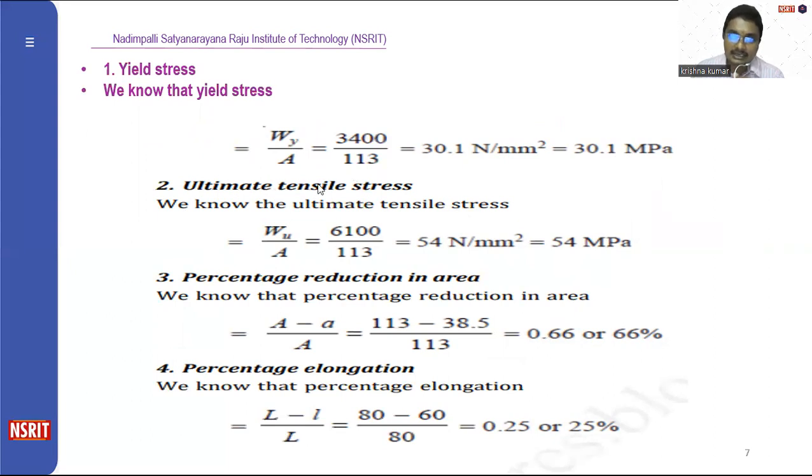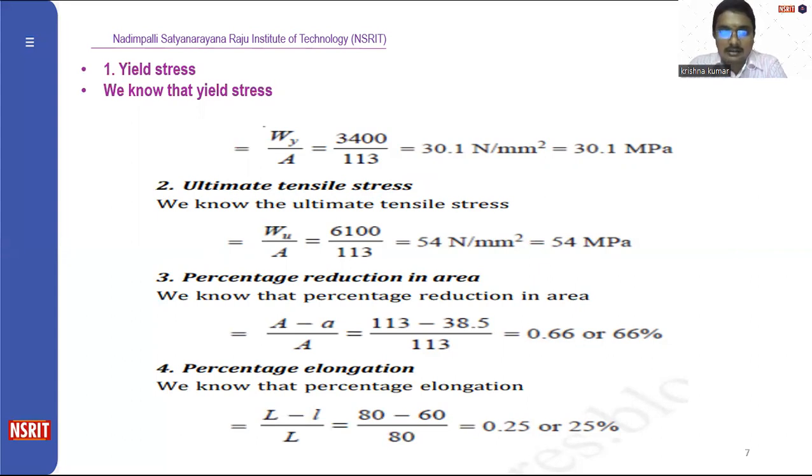And next, ultimate tensile stress. For this we have a formula W by A, where calculating gives the value of 54 megapascals, and from here we are going to calculate the percentage of reduction in area. It's nothing but the initial area minus the area after elongation, divided by the original area, and we get the value as 0.6666 percentage.